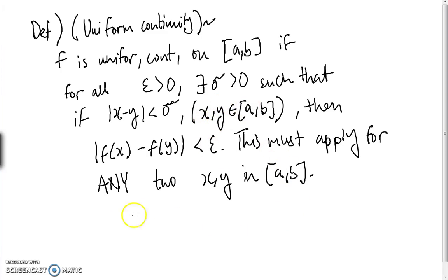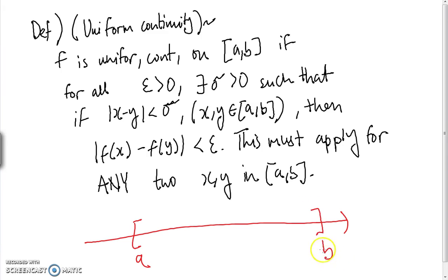So what's the difference? Well, you can think of this as a sort of global continuity. What this implies is, if this is an interval AB, then as long as we choose 2 points that are a distance less than, let's say, 1/10 apart, we can ensure that the images of those 2 points under the function f are always a distance less than epsilon apart.